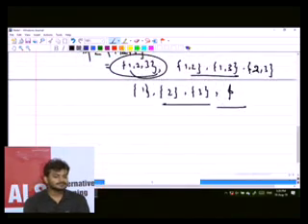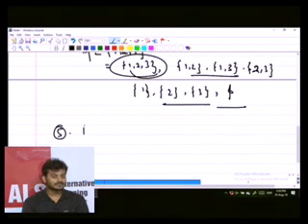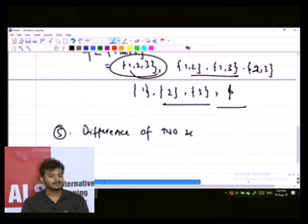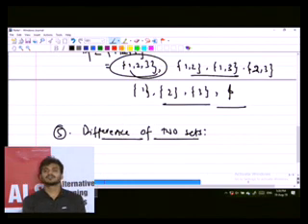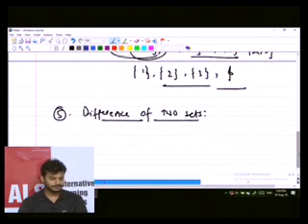Fifth one is the difference of two sets. So what is the difference of two sets?